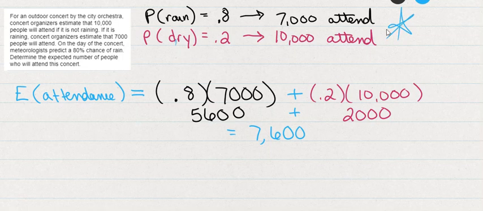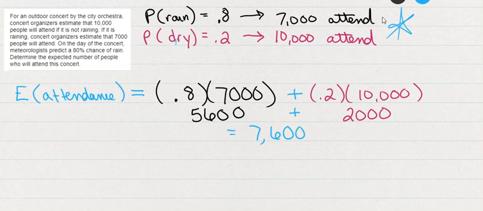I've written down that the probability for rain is 80%, so that's 0.8. And if it does rain, we can expect 7,000 people to attend. The problem doesn't ever say that the chance of not raining is 20%, but I can deduce that because we have a 100% chance that there's going to be either rain or not rain.